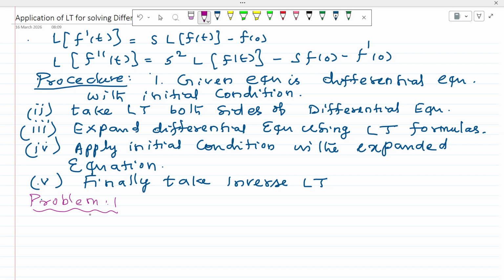So here write the problem. Problem 1: y double dash minus 3y dash minus 4y equal to t e power minus t, y of 0 equal to 1, y dash of 0 equal to 1.